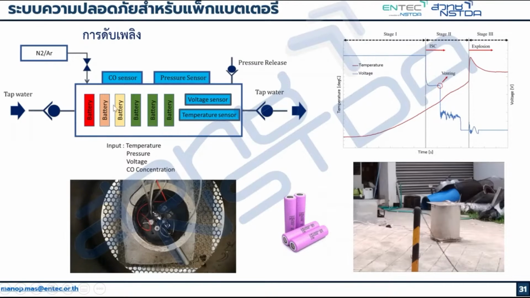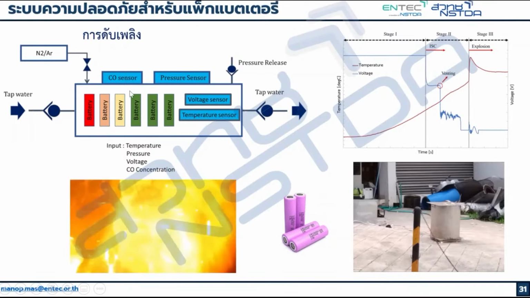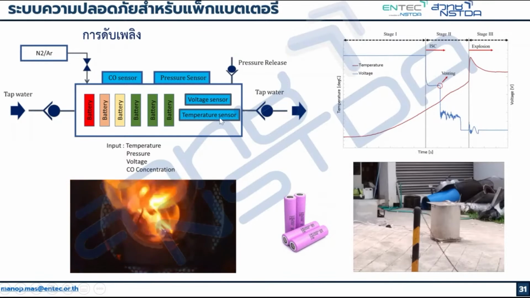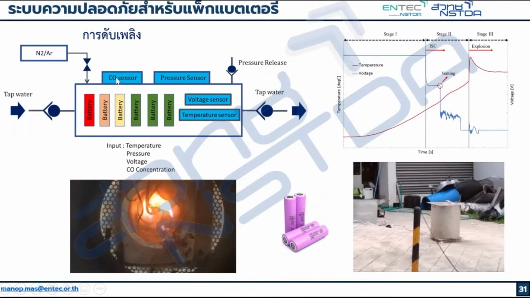So to prevent this, there are different batteries. So we have to input the sensor by putting the voltage sensor and the temperature sensor. With the voltage sensor, it would help to detect all the pressure.